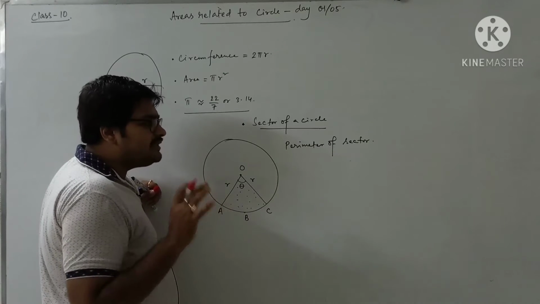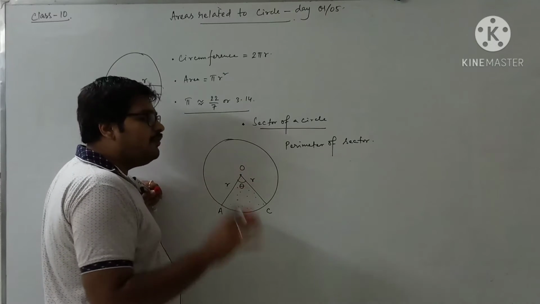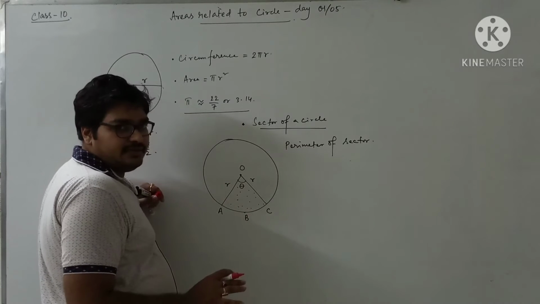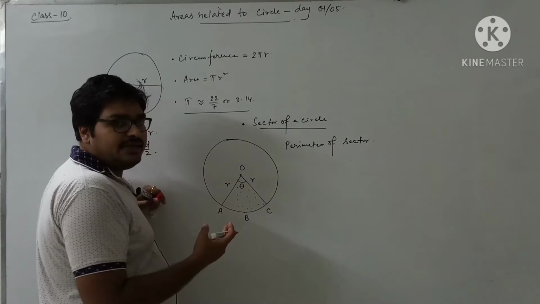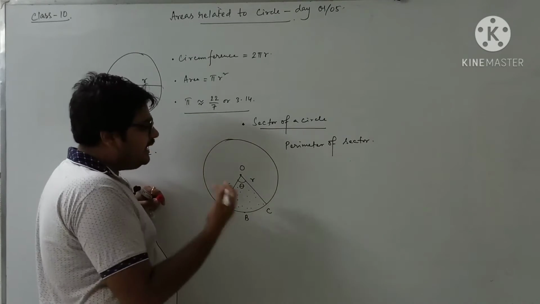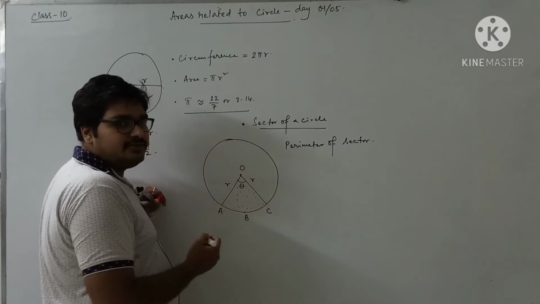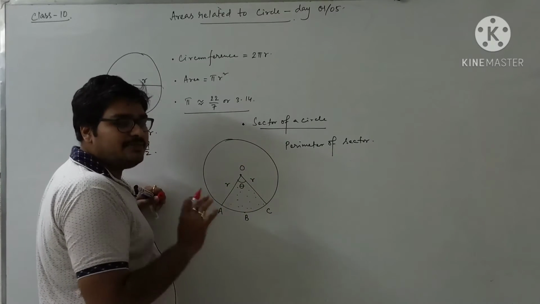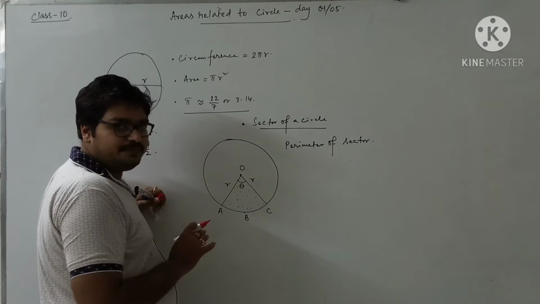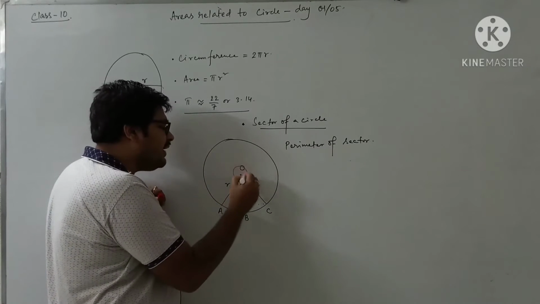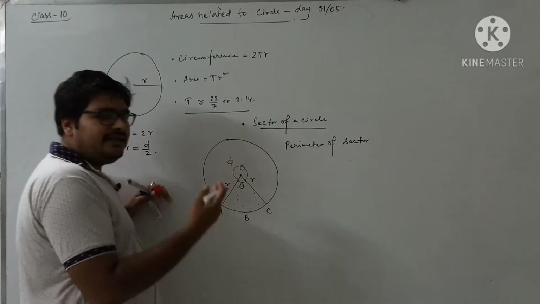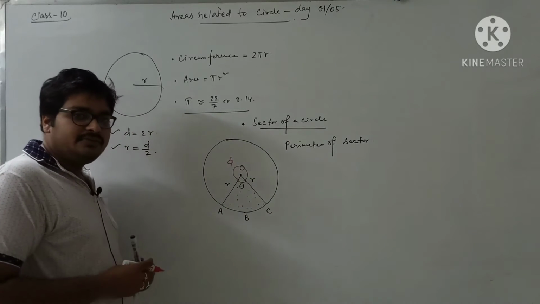The formula I am giving is the formula to find the perimeter of a sector. It may be the minor sector, it may be the major sector. Here I know the minor sector, so that's why I am using theta. It doesn't mean that I am using it only for the minor sector. If you know the major sector angle, the same formula you can apply there also.